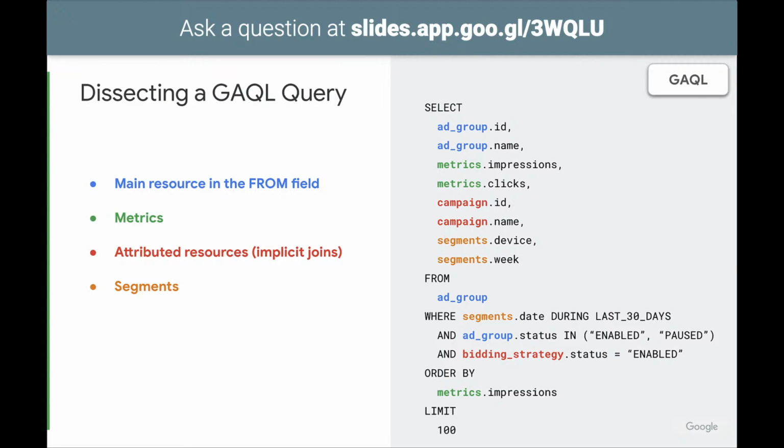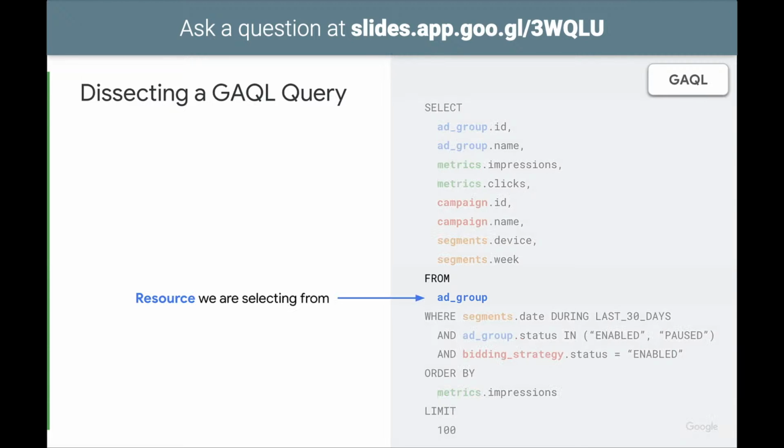So just to explain why things are color coded: the resource in our from clause will be in blue, regardless of which clause it's in. You can see it's blue in select as well as where. All of our metrics are in green. The attributed resources, which are those implicit joins I mentioned, are in red. So both campaign as well as bidding strategy are attributed resources on ad group. And then finally, segments are in orange.